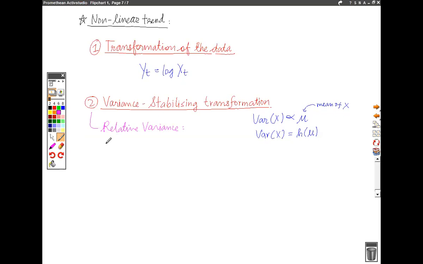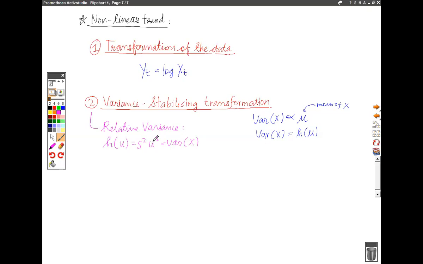Let me explain. Let us say the way my mean is connected with the variance is like this. This is my variance, and mu here is my mean. So my variance is just s square times mu square, where s is just some sort of a coefficient.